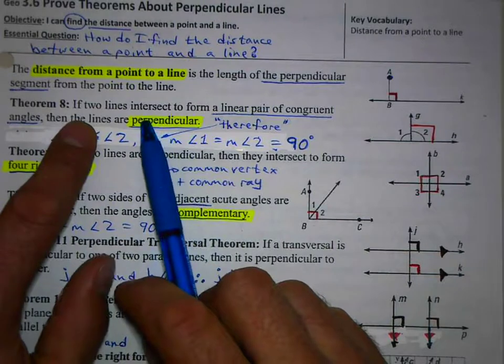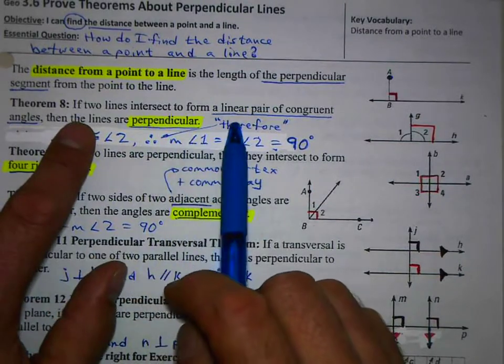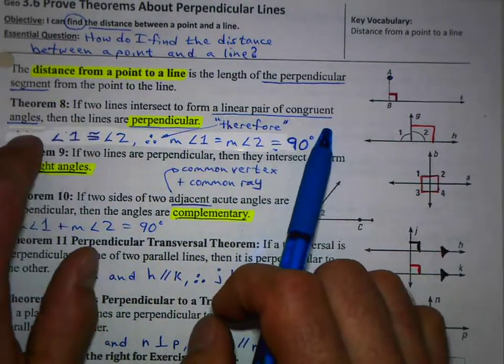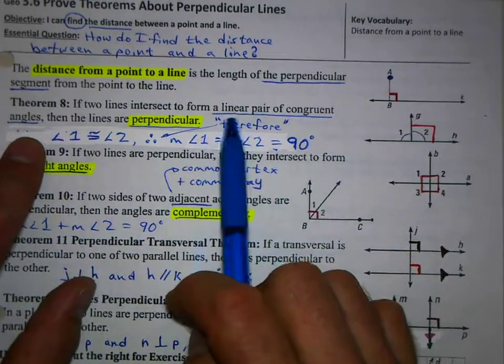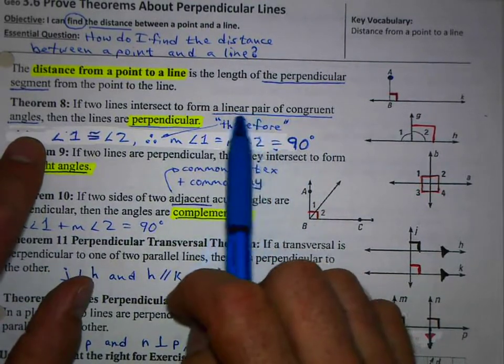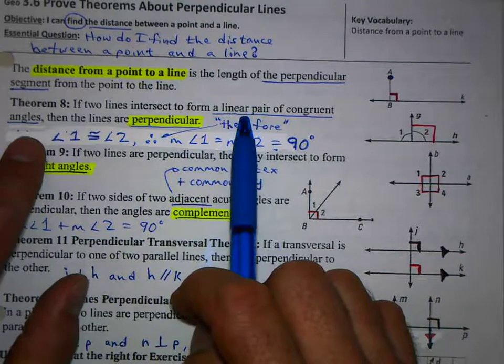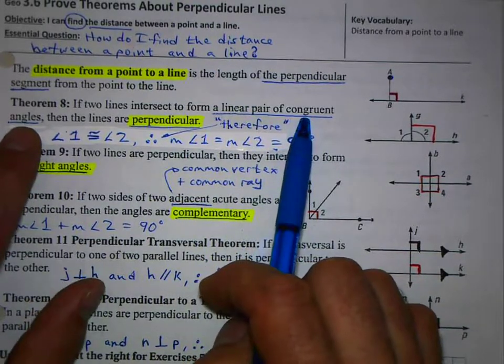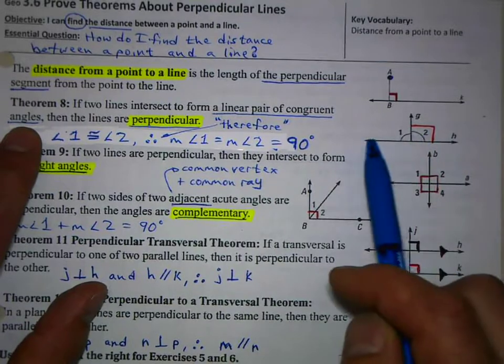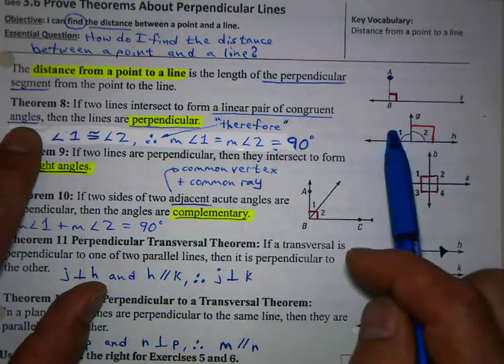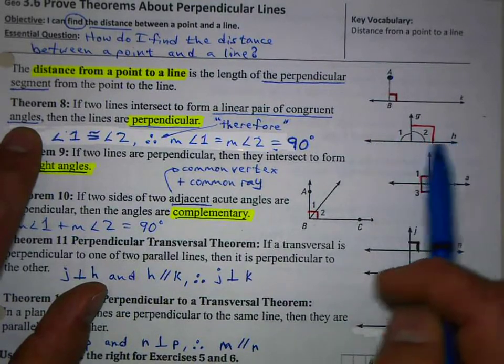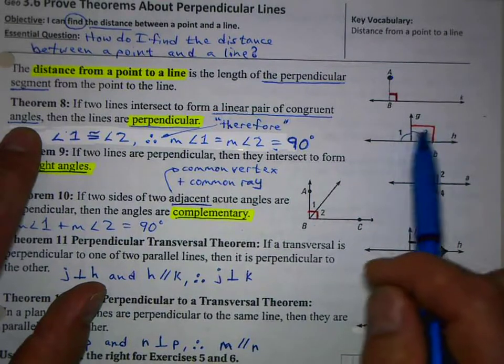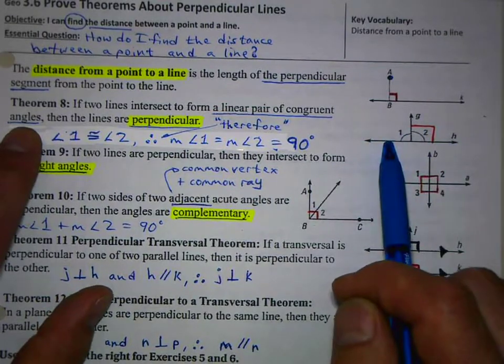If two lines intersect to form a linear pair of congruent angles, linear pair, so put them together, adjacent angles that create a line, and they are congruent angles. So what we're talking about here is two angles put together creates a line, so they're a linear pair.